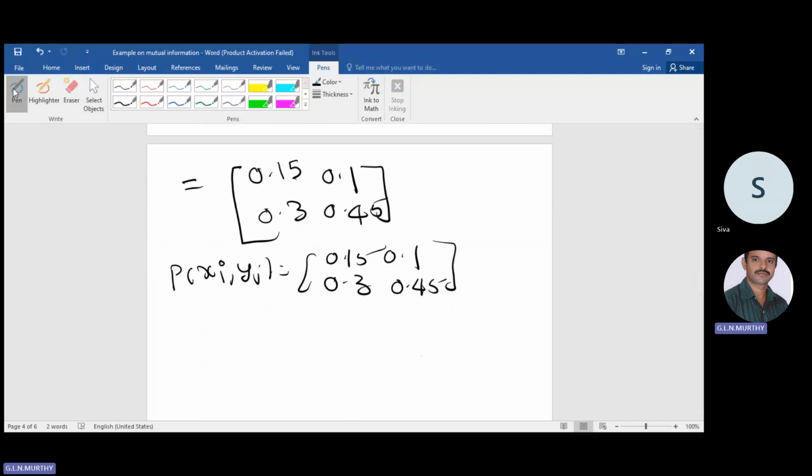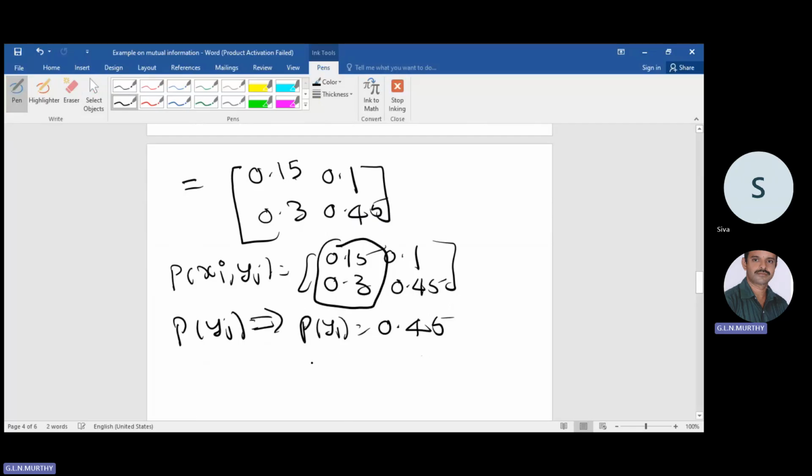What is our interest? We want to estimate P of yj. This is your P of yj: P of y1 equals 0.45, and P of y2, the probability of symbol 2, equals 0.55.